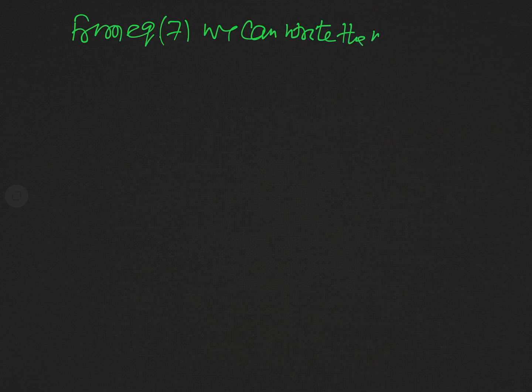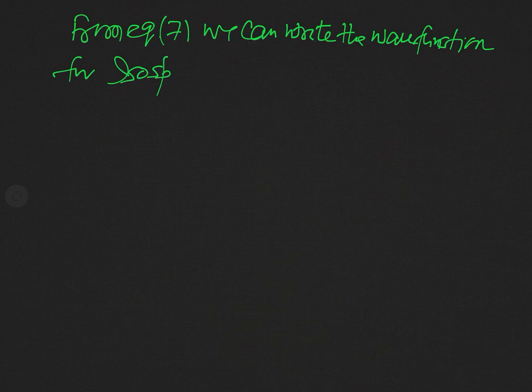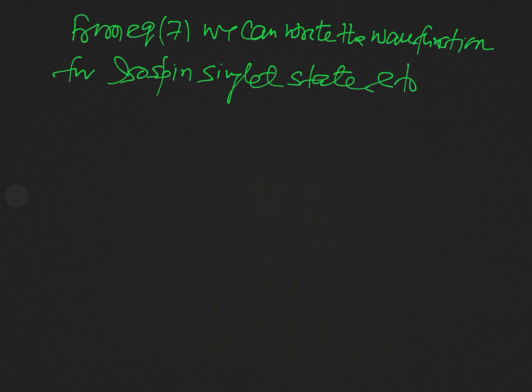So from equation 7, we can write the wave function for the isospin singlet state and triplet state.